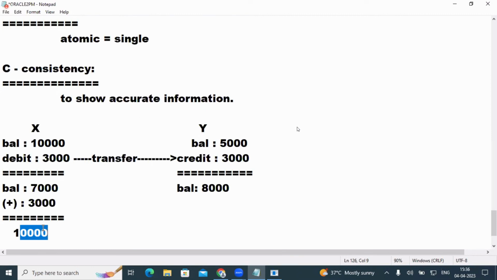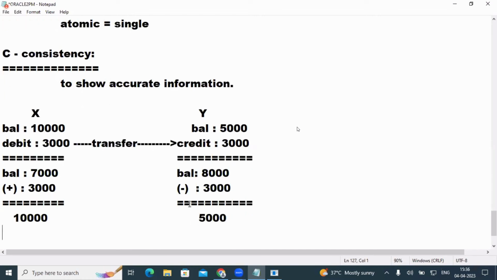Okay, now come to the receiver. The receiver amount, how much amount is credited? 3,000. The receiver amount, that is the credit amount, you need to subtract. If you subtract, what is his previous balance? Is it accurate?